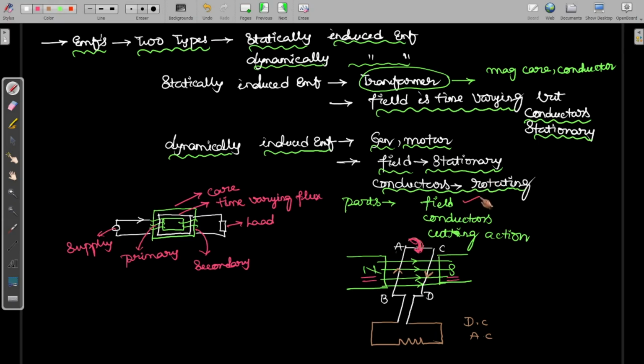These are the essential parts required for the production of dynamically induced EMF: the field, produced by the magnetic field, the conductors, and the cutting action due to rotation of the conductors.